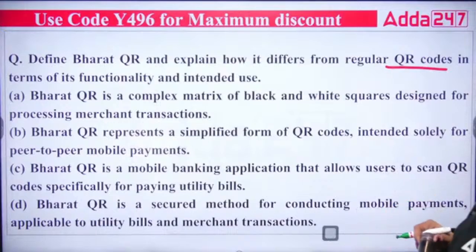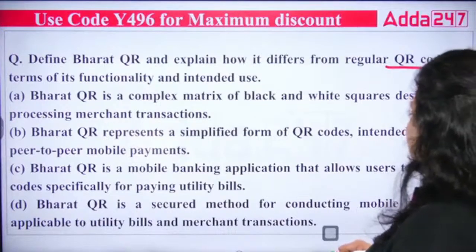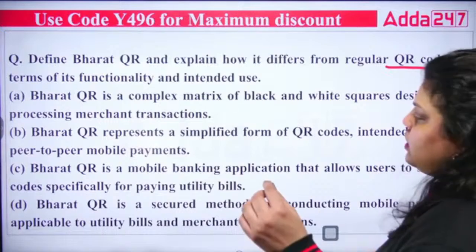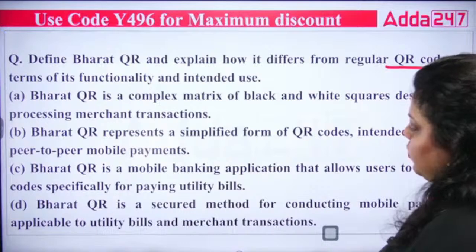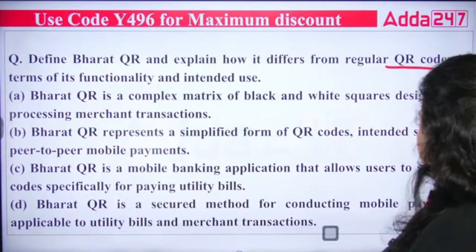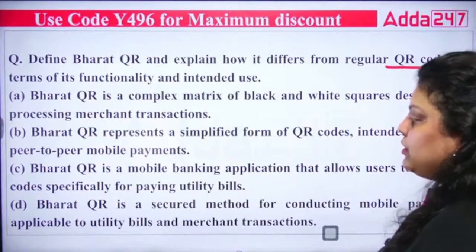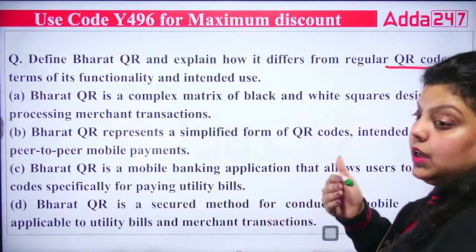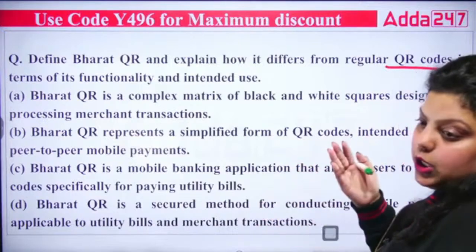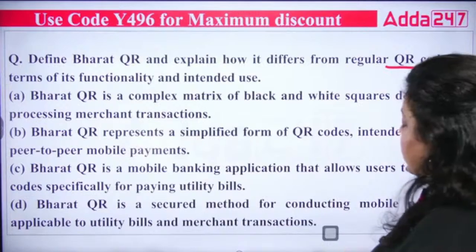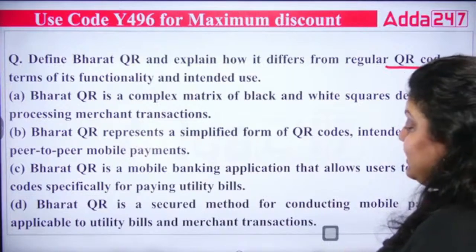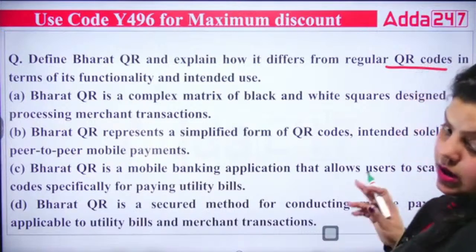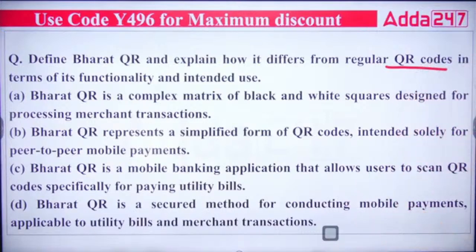Second, Bharat QR code represents a simplified form of QR code intended solely for P2P mobile banking or mobile payment. Bharat QR is a mobile banking application that allows users to scan QR code especially for paying utility bills like your electricity bill, your DTH bill, etc. QR code is a secured method of conducting mobile payments applicable to utility bills and merchant transactions. Now you have to answer which of the following defines the Bharat QR code here.